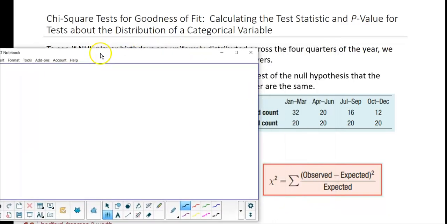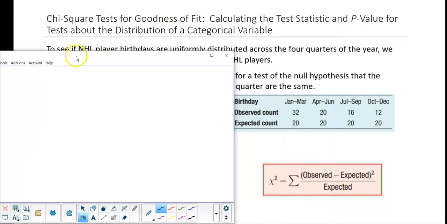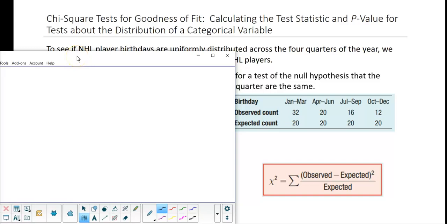Observed count. So chi-squared is going to equal the observed in the numerator, so that's 32 minus 20, squared, over the expected value, which is 20. That's for the first term.